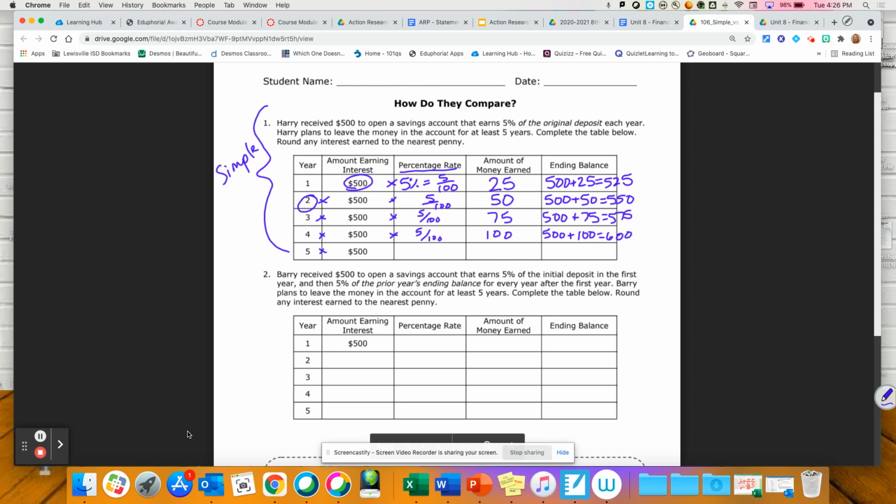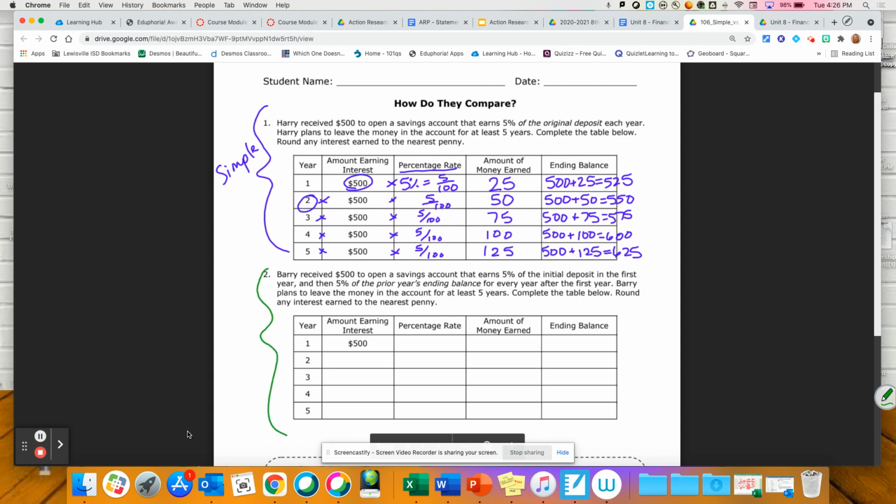And then after 5 years and a 5% rate, you've earned $125 in interest. So the original $500 plus $125, we now have $625 in the account.